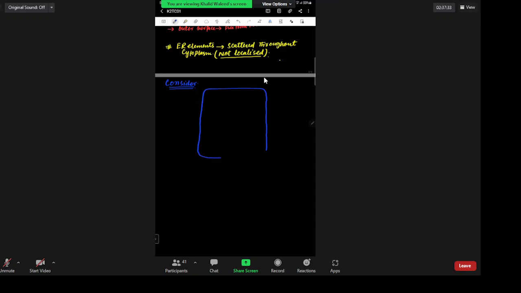Suppose this blue color dibba represents a cell. Animal cell आप consider कर सकते, plant cell भी consider कर सकते हैं, आपकी मर्जी. Suppose this is a cell over here.